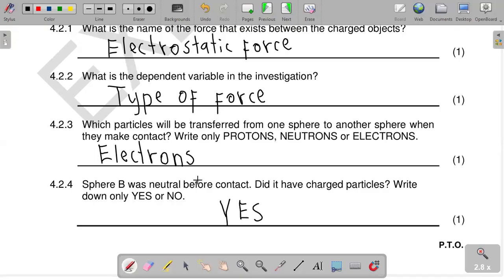It doesn't mean that it doesn't have a charge. So it does have charged particles, but the particles are equal, so they balance out each other to make the object neutral. You understand?